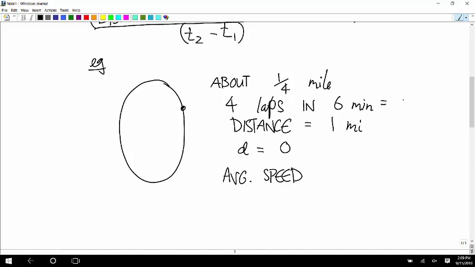And 6 minutes is 1/10 of an hour. So the average speed for that run is equal to 1 mile divided by 0.1 hours, or 10 miles per hour. Okay.